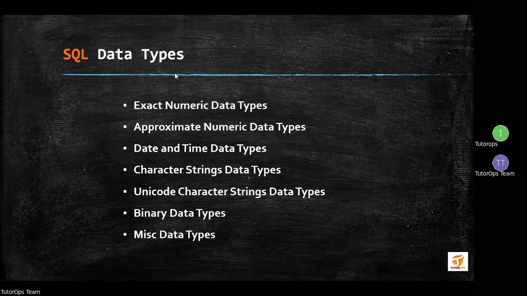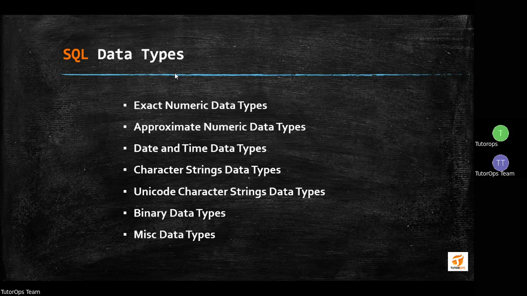This is the definition of SQL data types. Each column, variable, and expression has a related data type in SQL. You can use these data types while creating your tables. You can choose a data type for a table column based on your requirement.